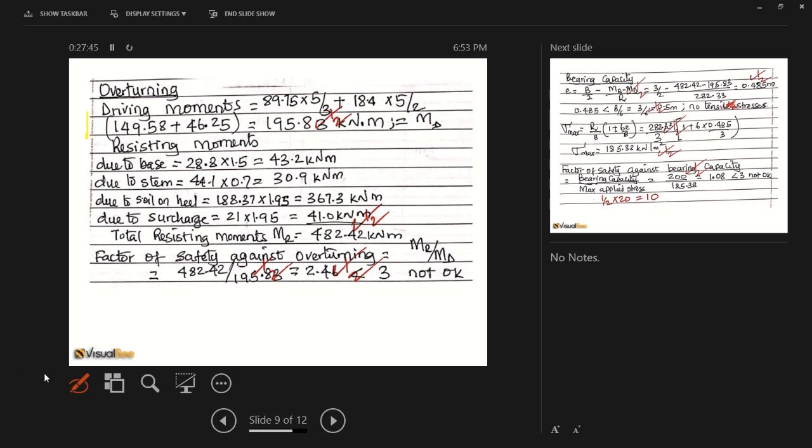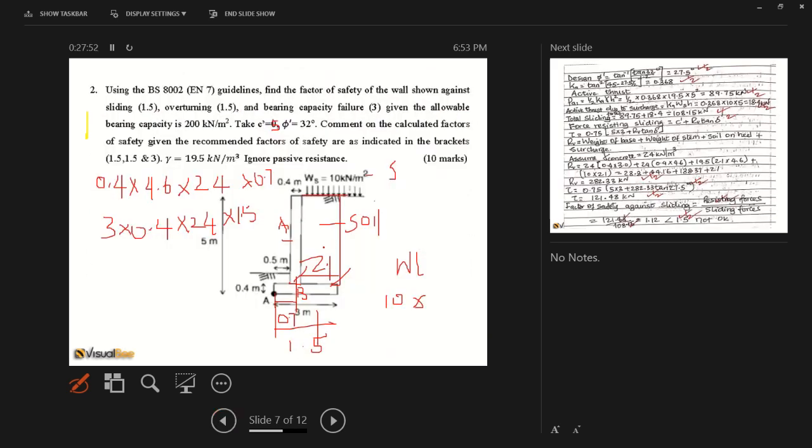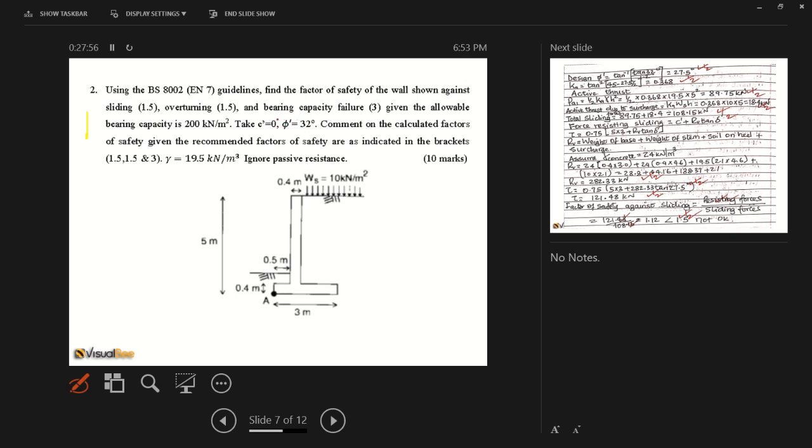And then the issue about overturning. To find the factor of safety against overturning is fairly straightforward. So this one was 89.75. Because it's a triangular distribution, we assume this value acts at 5/3.